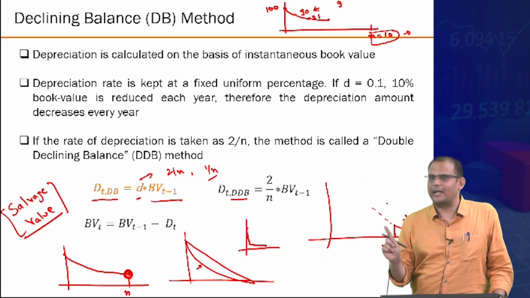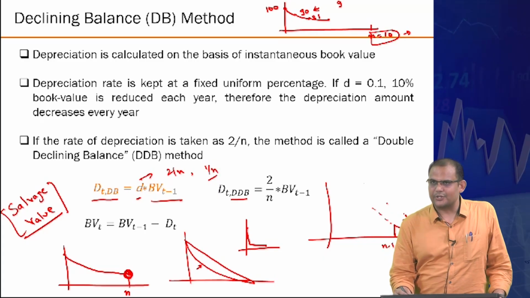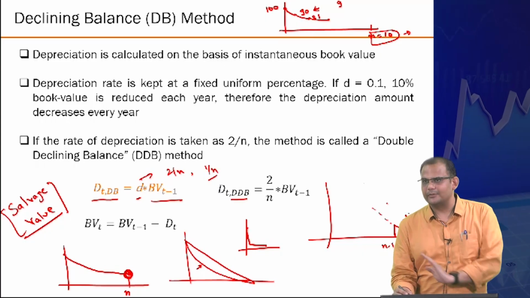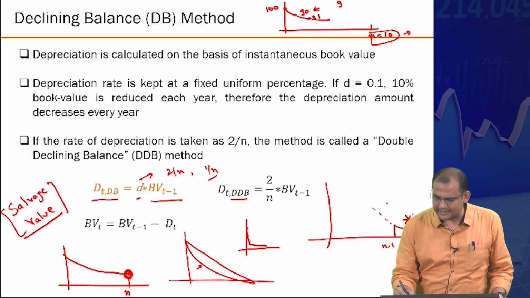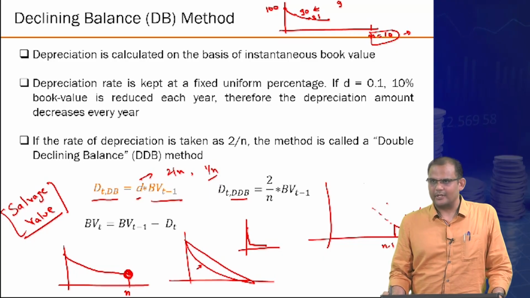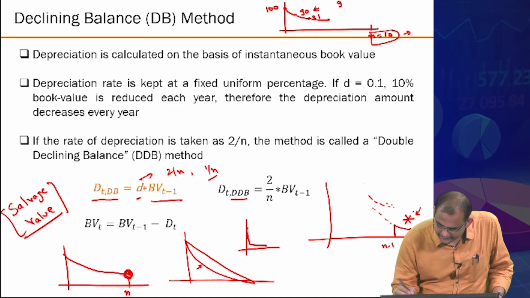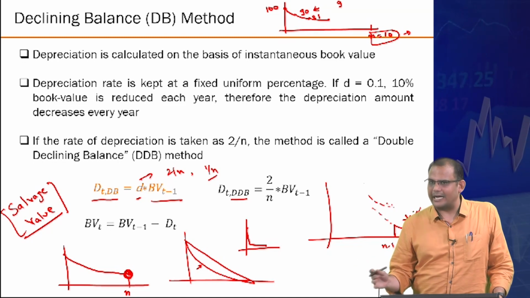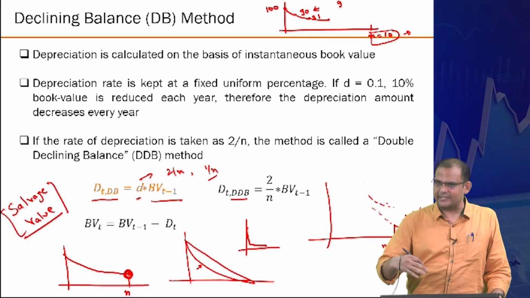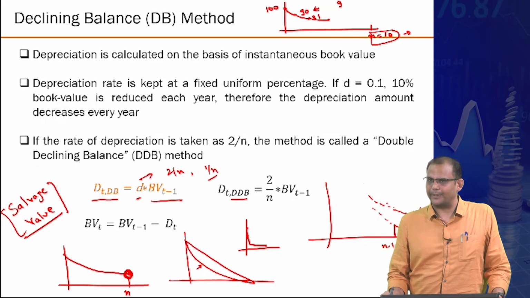Then you will not be allowed to use this estimated value. You need to switch the method so that your final salvage value of the combined new method still reaches this point which you had originally determined. Same goes here. If it was slightly higher, then also ultimately you should change the method in such a way that you will converge into this particular point.